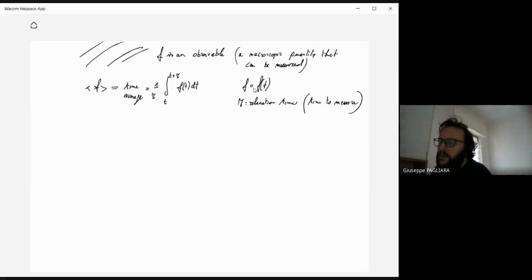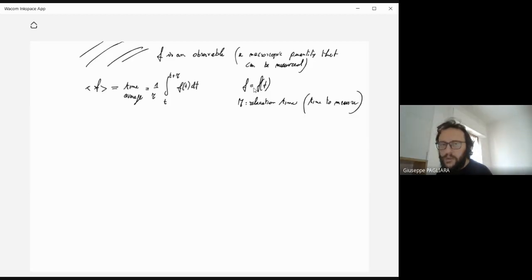You don't consider all the possible fluctuations that could happen as a function of time, and then you average over this time. Okay, so this is basically what we are doing in practice when measuring a macroscopic observable for a system of many particles.